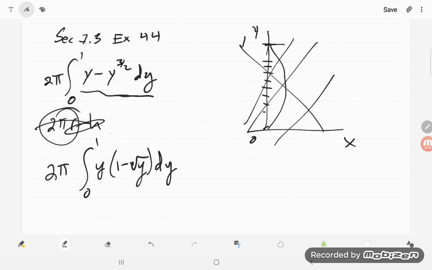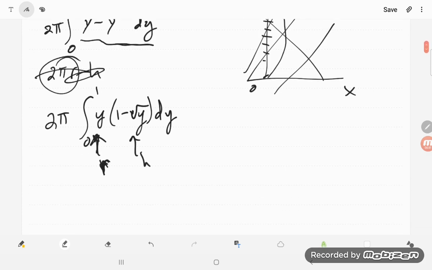And so then, here is my r, and here is my h. And so the region is, as we plotted it there, so there's 1, 1.